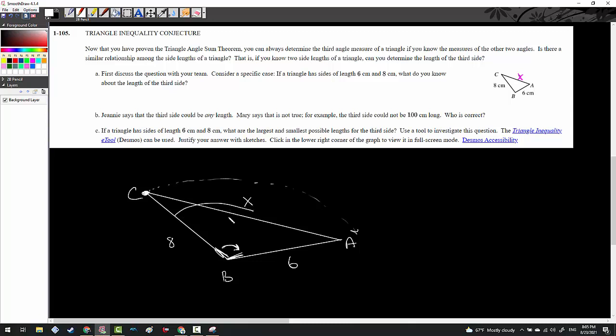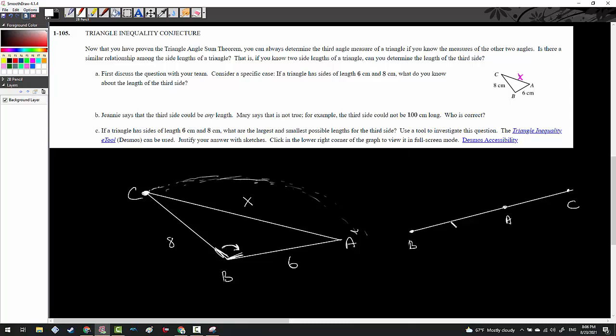What happens when I close this book? BC is going to overtake the length of BA, because it's longer. And I'm going to get a single line segment here, with B here, then A here, and then C here.